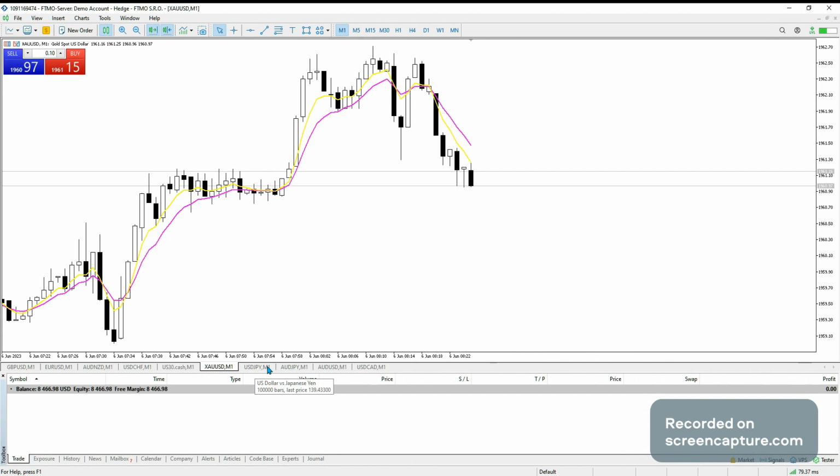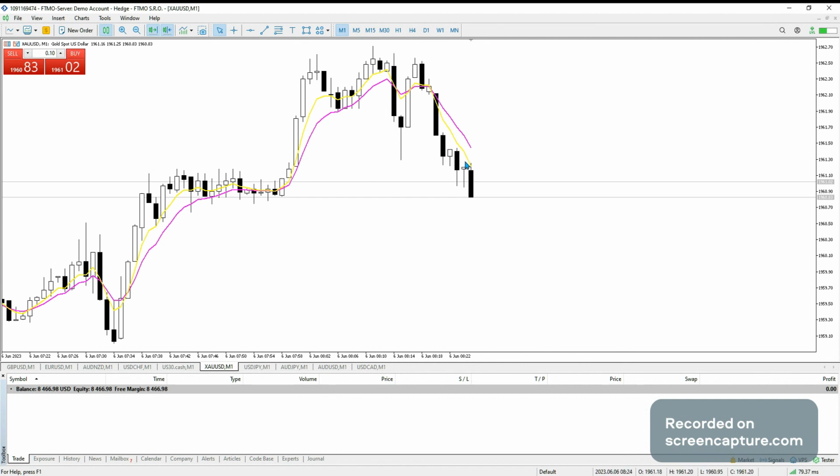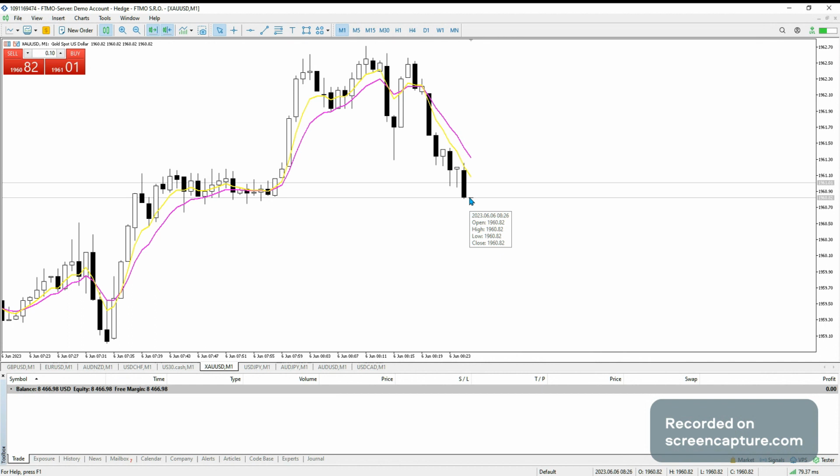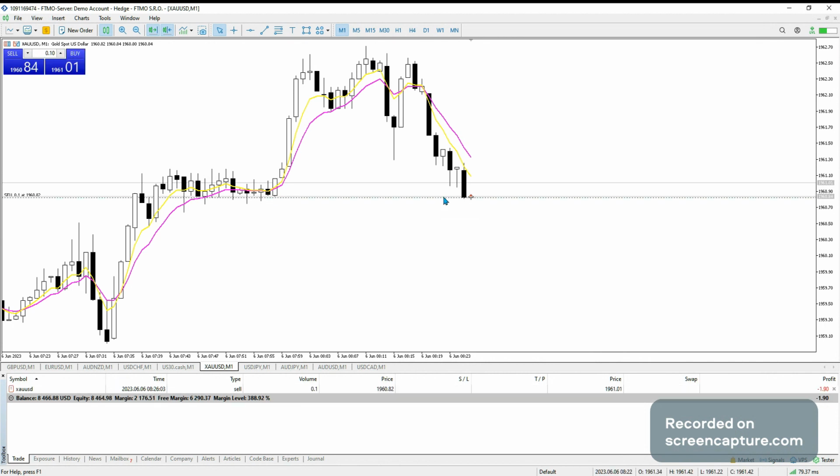The gold right now appears to go down. This is a reverse rejection. We might take this candle if it will close bearish. Okay, let's take this one.